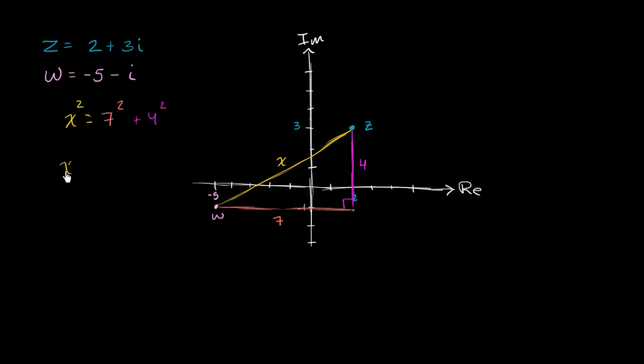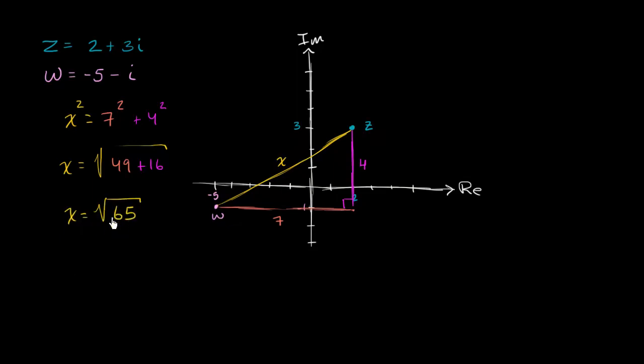Or we could say that x is equal to the square root of 49 plus 16. I'll just write it out so I don't skip any steps. 49 plus 16, and what is that going to be equal to? That is 65. So x is equal to the square root of 65.